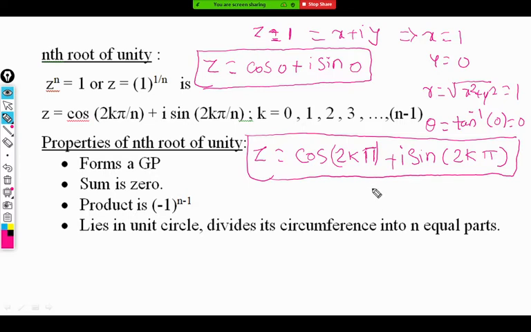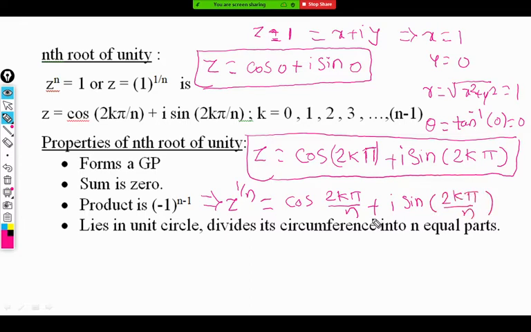Once we get the general polar form, the next step always is to take the nth root on both sides. So we say z raised to 1 by n. Now by De Moivre's theorem, this bracket raised to 1 by n comes as the multiple of the angle. So this is cos 2k pi upon n plus i times sine of 2k pi upon n.